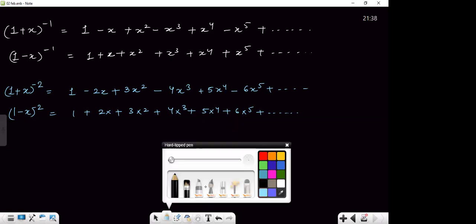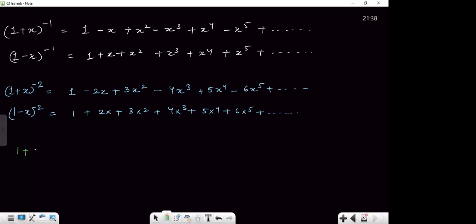Similarly, for cube, we can find out the value of (1 + x)^-3 as 1 - 3C1 x + 4C2 x square - 5C3 x cube + 6C4 x^4, like this it will be moving on. Pardon me, 3C1, 4C2, 5C3, 6C4.